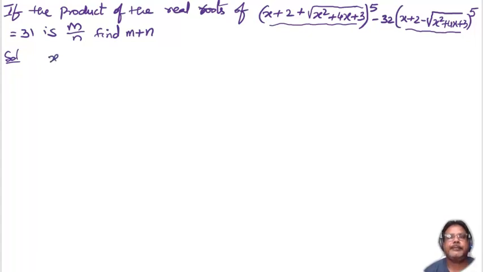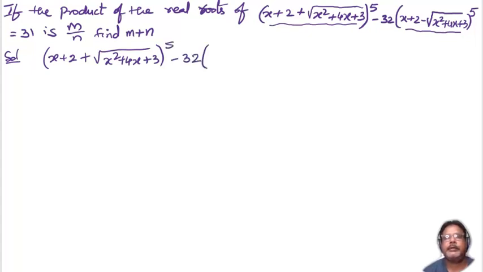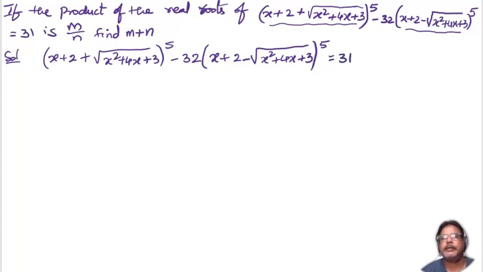What is given? (x + 2 + √(x² + 4x + 3))^5 − 32(x + 2 − √(x² + 4x + 3))^5 = 31.